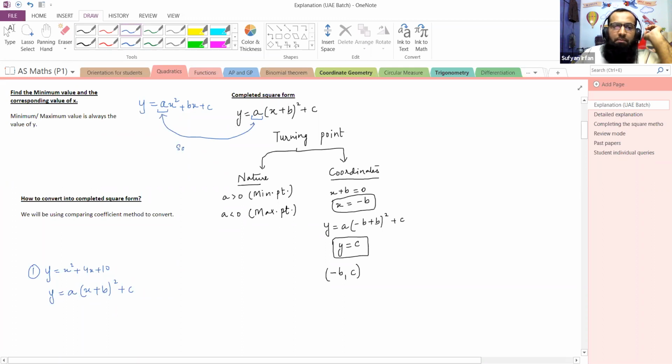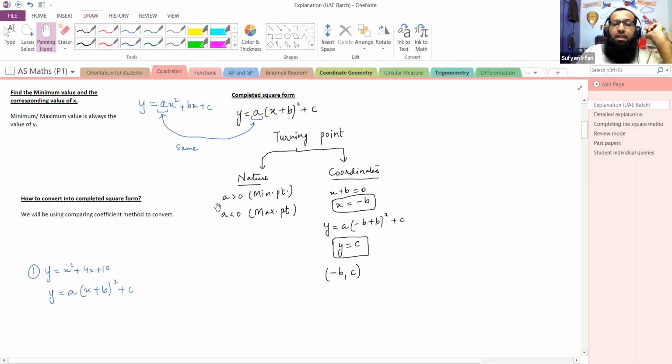They are both the same. Using the original quadratic expression, we can determine the nature. But if we have completed square form, then also we can determine the nature. How? The coefficient of this whole bracket determines the nature. This value of a is the same as this value of a.